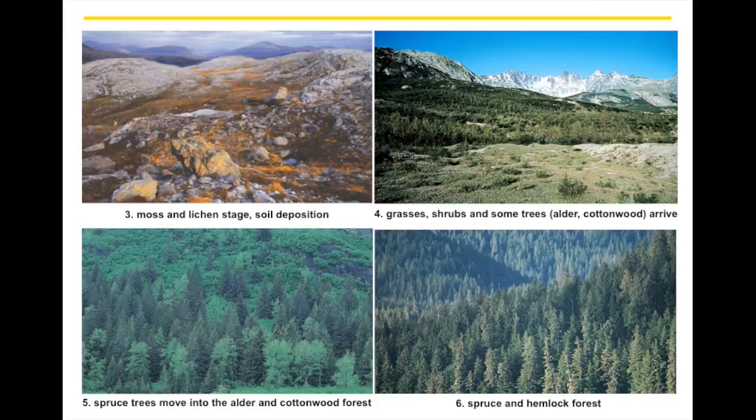So hemlock would be the next one. And you then lose most of the alder and cottonwood. So this whole primary succession sequence changes things out completely. And in most cases, this takes several hundred years. So that's not really that long, but it does take quite a bit of time.